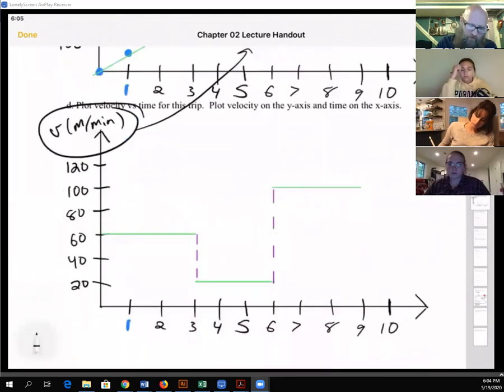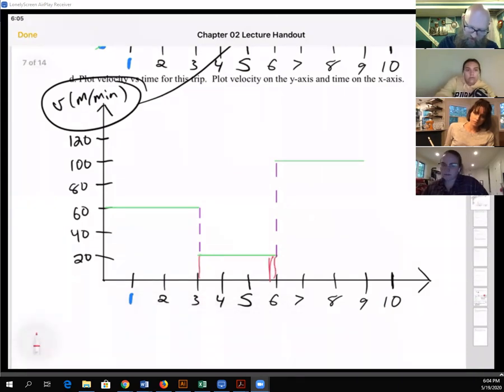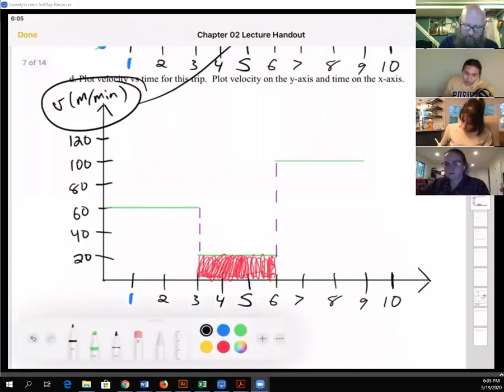You can see that pretty quickly if I do this. Let's take the area of this section. How do I calculate area? Well, it's length times width.